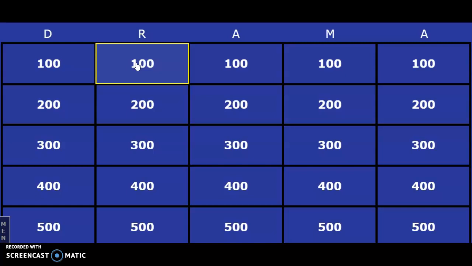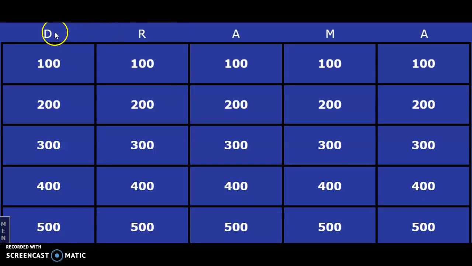So your answer will be what is a script or what is a dialogue. And if you get that question correct, you get the point. So you will add up all of your points at the end. And on this assignment in the comments, you can put however many points you got if you want. And we can see who got the highest score.